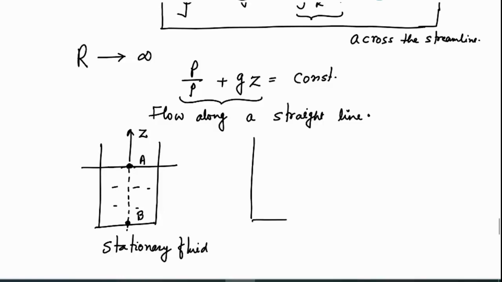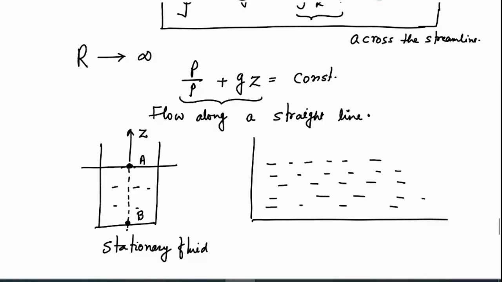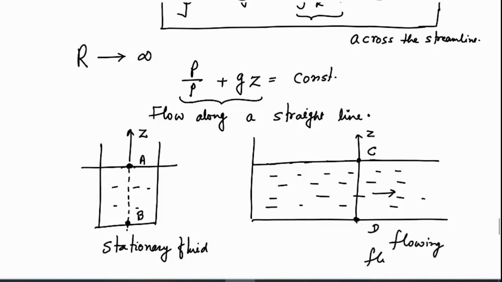And let us say in this case the fluid is flowing. So this point is C and this point is D. So fluid is flowing in this direction with a constant velocity, because this is all applicable for a steady flow. This is your z direction, so this is the flowing fluid.